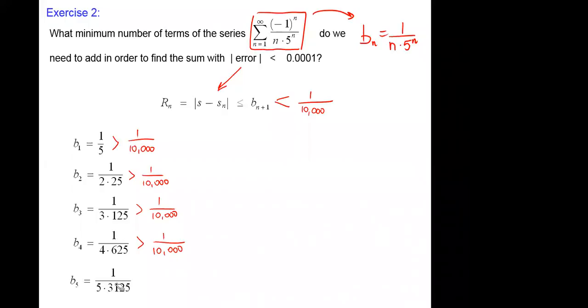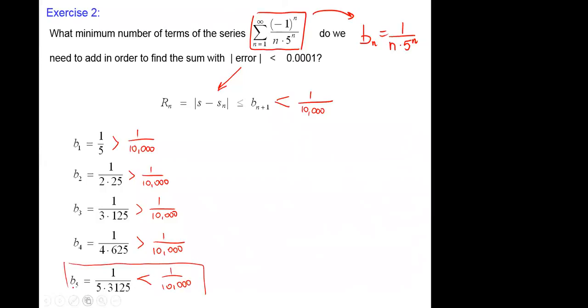It's 5 and then 625 times another 5. That means now we have kind of 5 times 3,000. Do you think 5 times 3,000 will be greater than 10,000? Yes, that means if the denominator is greater, the whole fraction is smaller. Okay, that means I got this.